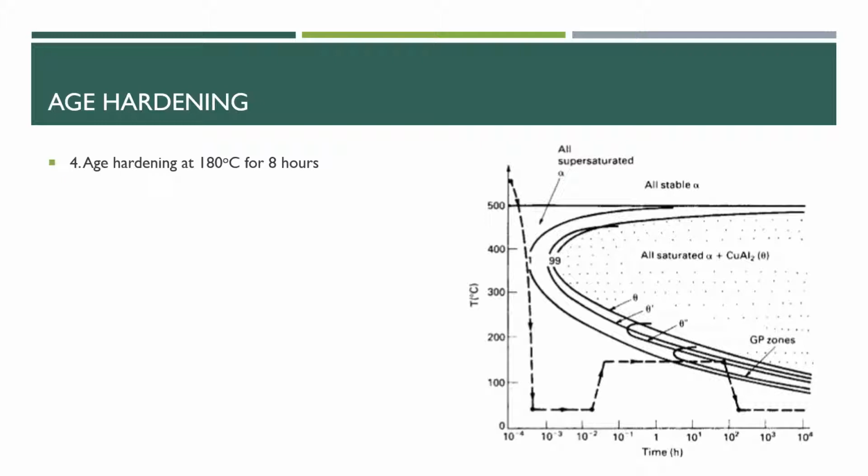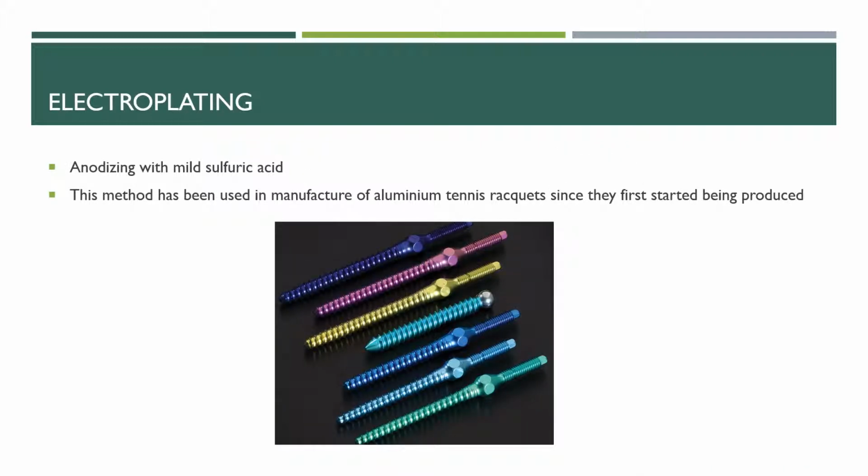And if you can see here in the TTT graph, 180 degrees Celsius corresponds to about an age hardening time of 8 hours, which is not as long as if you have a lower age hardening temperature. The heat treatment will increase the hardness of the racket, which is what we want.